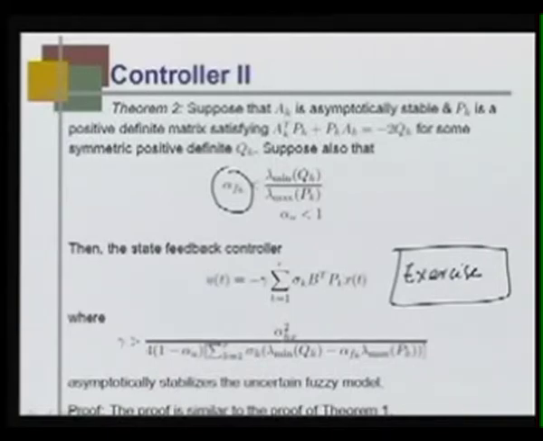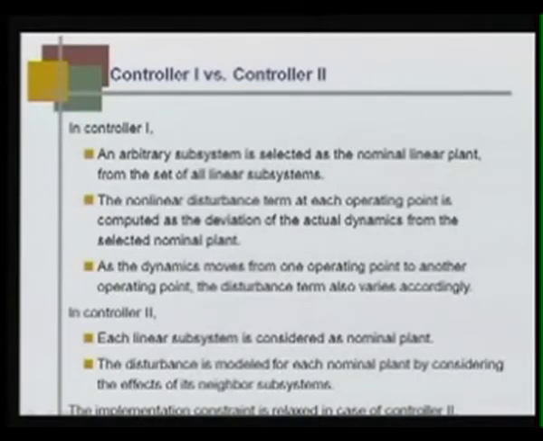So, we define two controllers, and the salient difference between controller 1 and controller 2 is this. In controller 1, an arbitrary subsystem is selected as the nominal linear plant from the set of all linear subsystems. The nonlinear disturbance term at each operating point is computed as the deviation of actual dynamics from the selected nominal plant.